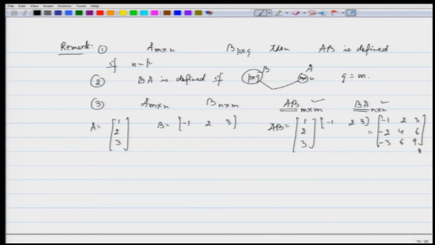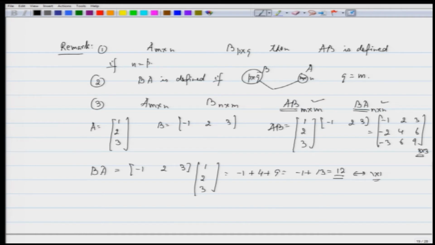So, it is a 3 cross 3 matrix. But if I look at BA, BA is minus 1, 2, 3 times 1, 2, 3, and this is nothing but minus 1 plus 4 plus 9, which is minus 1 plus 13, which is 12. So, here it is a 1 cross 1 matrix and there it was a 3 cross 3 matrix. So, the sizes could be different.